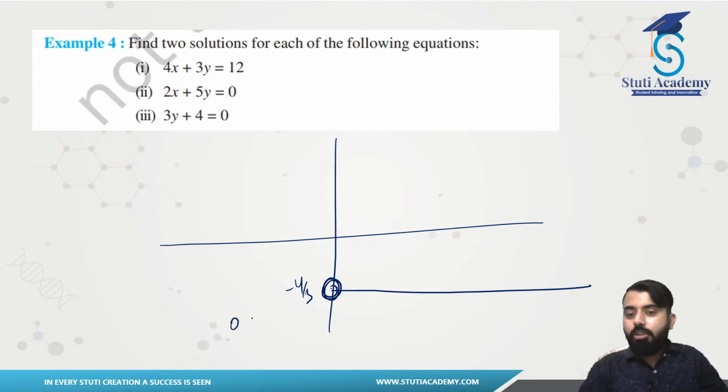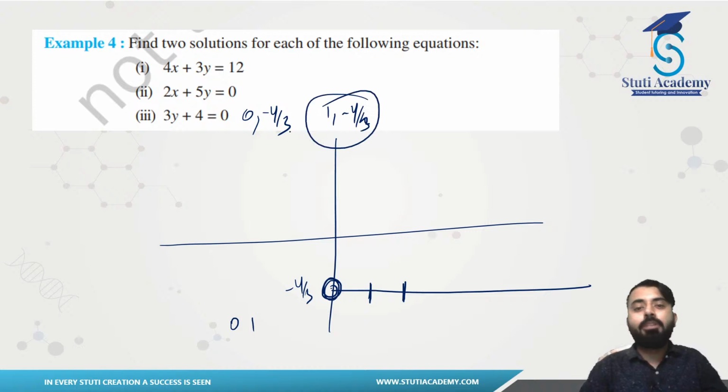Initially this will be 0 comma minus 4 by 3, then this will be 1 comma minus 4 by 3, this will be minus 2 comma minus 4 by 3. So your solutions can be as many as you want, but your y will be fixed at minus 4 by 3. So 0 comma minus 4 by 3, 1 comma minus 4 by 3. You can write as many values as you want. These are some of the solutions that you had to write. You can write any other solutions as per your calculation.